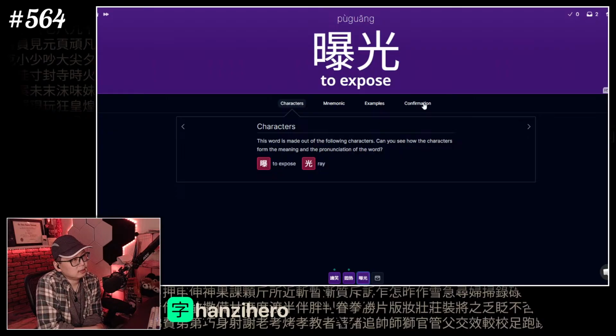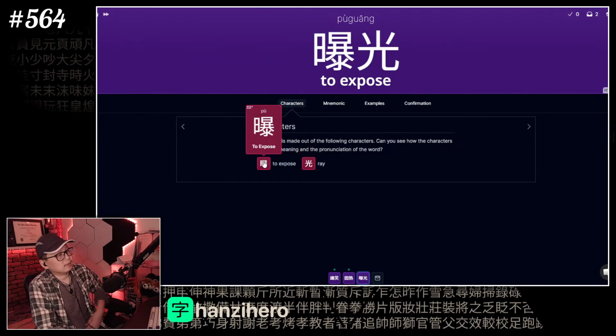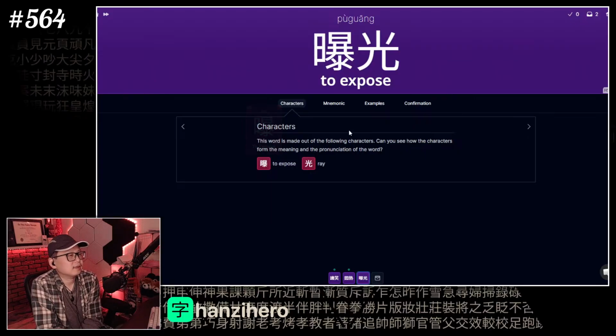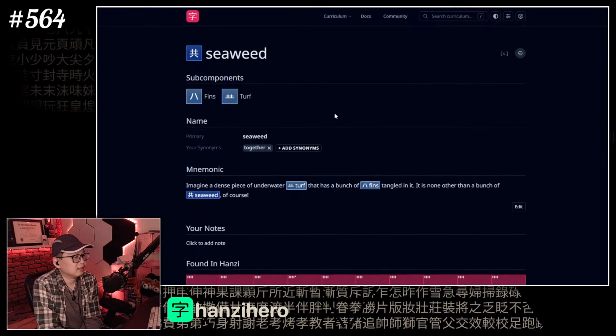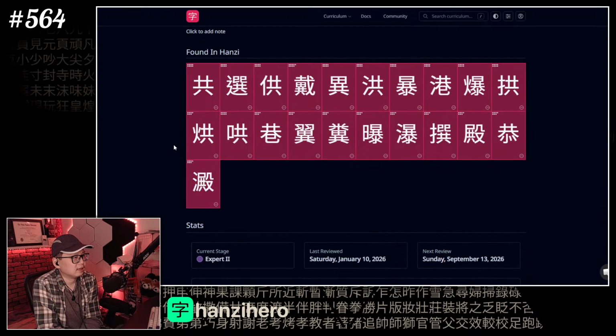闷热，曝光，曝光。曝 is make clear and then light, or expose. Make clear. Do I know pool? This right part does look like pool. However, I think it's not as strong as I would like it.